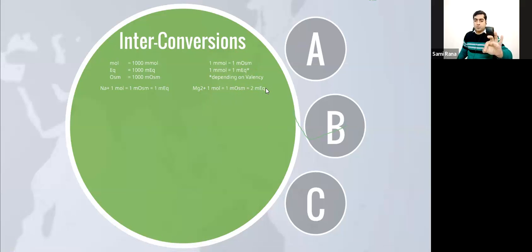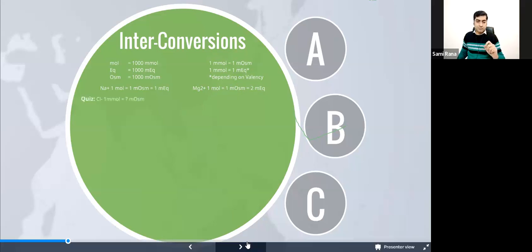So we will say 2 milliequivalents of magnesium is equal to 1 millimole or 1 milliosmole. So we can go back and forth with this. This depends on valency. The only difference is with MEQ, milliequivalent, and that's related to the valency. We'll see about that in a few examples as well.